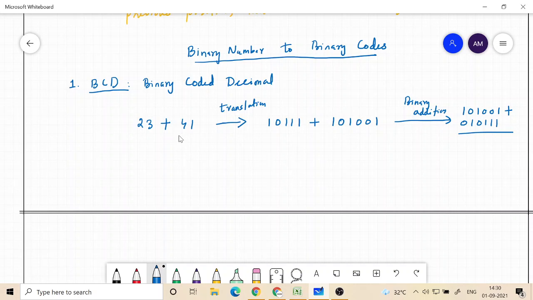Suppose there is a binary adder inside, which is not difficult to create. 1 plus 1 gives you 0 and then there is a carry, then 1 plus 1 is 0 with a carry again, and so on, and then this. So what is this? This is basically 64.